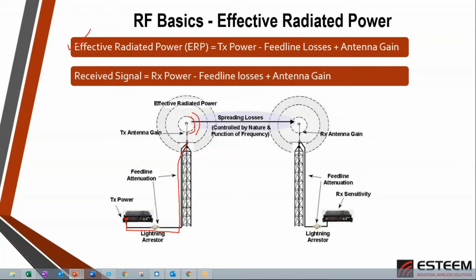At the opposite side, we know how much spreading loss there is, because that is controlled by nature and it's a function of the frequency and the distance between the transmitters. So at the opposite side, we now have a received signal that has come through the air. But we also need to process it in the exact same way at the opposite end. We have our received signal coming into the antenna.